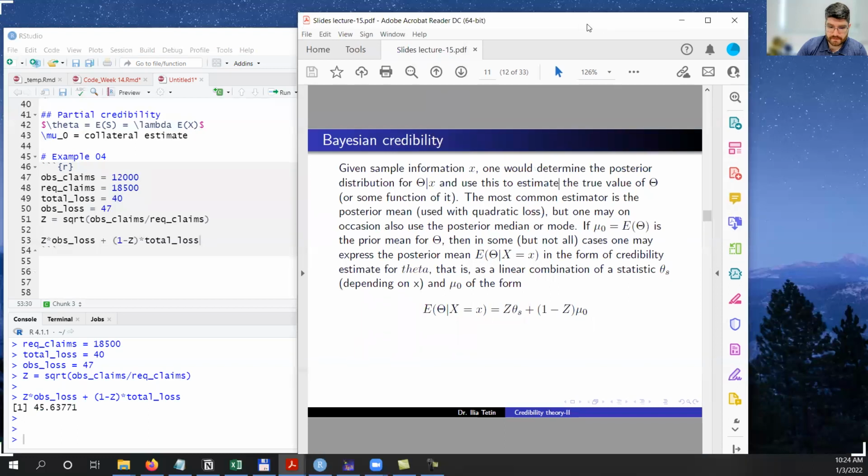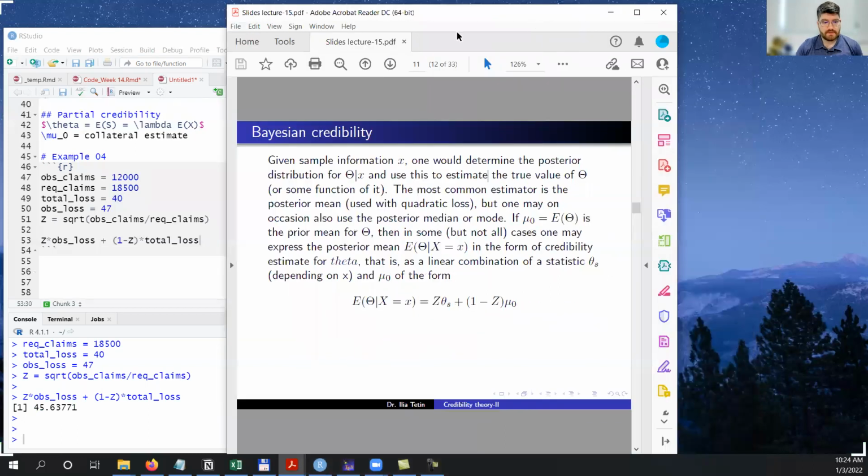Bayesian credibility. Let's move on to Bayesian credibility. This is a different kind of approach.